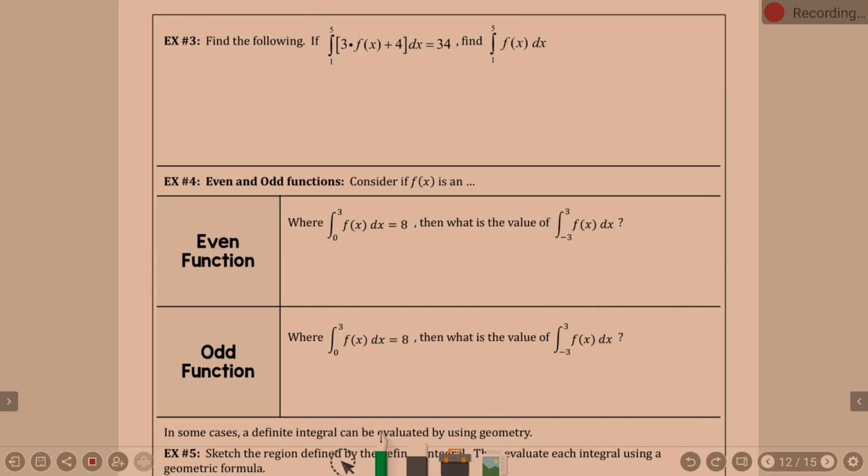So I'm going to write this as 3 times the integral from 1 to 5 of f of x dx plus the integral from 1 to 5 of 4 dx. And that equation still equals 34. Can we agree with that statement?